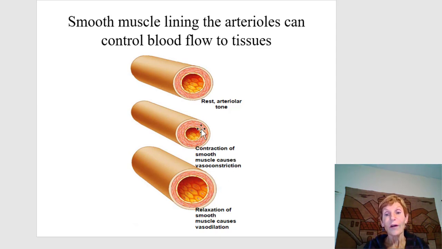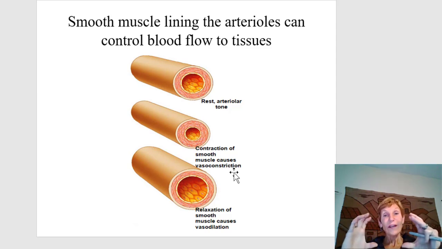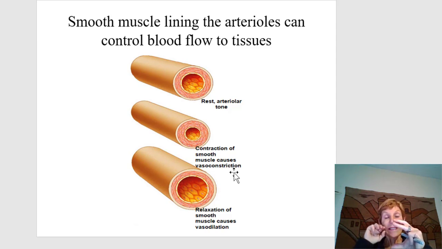And so you would contract that smooth muscle more, and that is called vasoconstriction. Vessel constriction. It's called vasoconstriction, as seen right here. Vasoconstriction means the whole vessel diameter decreases because the smooth muscle lining it is contracting. So that means less blood is able to go through there, less blood to the digestive system.